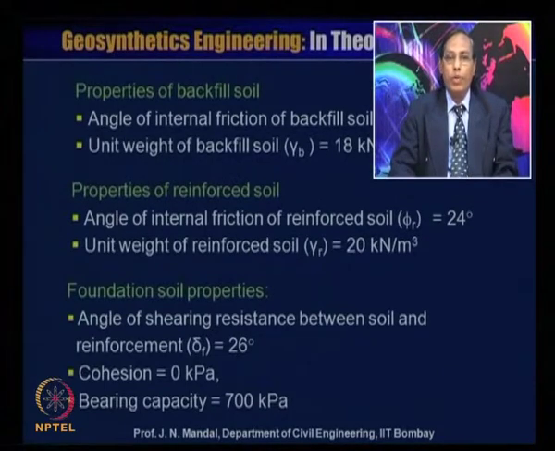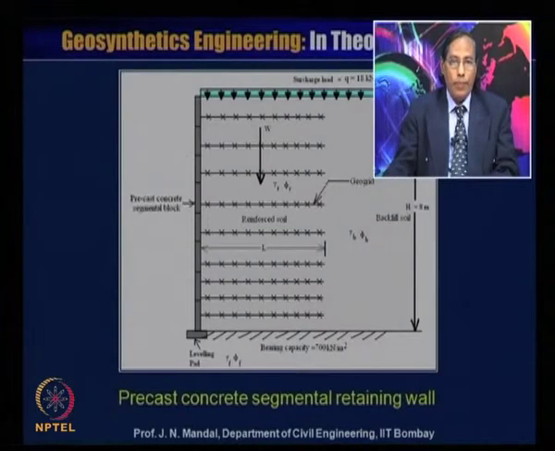Unit weight of the reinforced soil gamma r is equal to 20 kilonewton per meter cube, and foundation soil properties, angle of shearing resistance between soil and the reinforcement, that is delta r, is equal to 26 degree, cohesion is 0 kilopascal, and also bearing capacity of the soil is equal to 700 kilopascal.